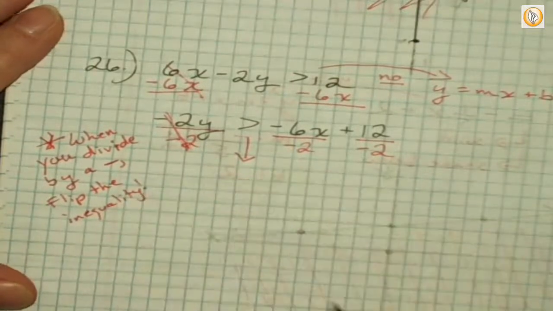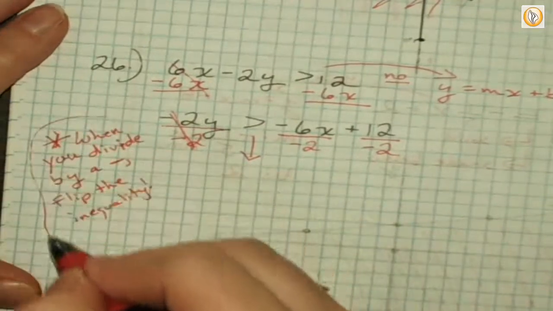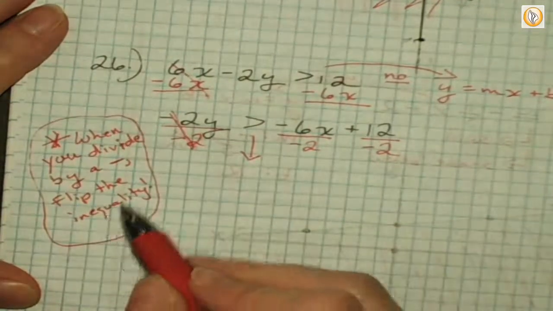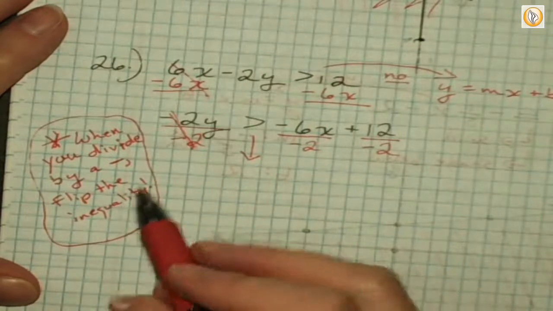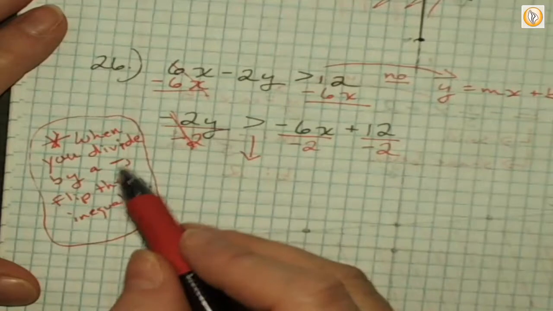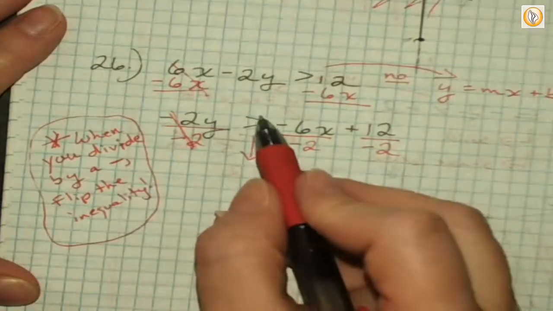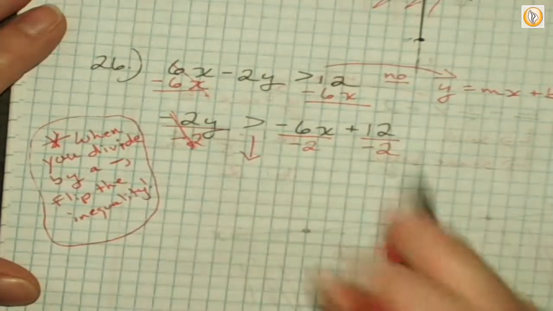That's right. So any time you divide or multiply by a negative, you flip the inequality. So we're going to flip this.